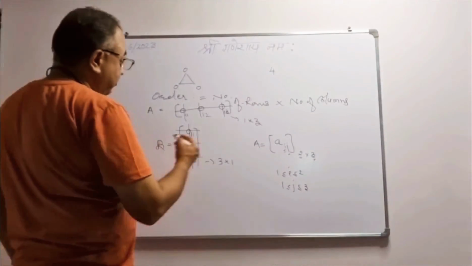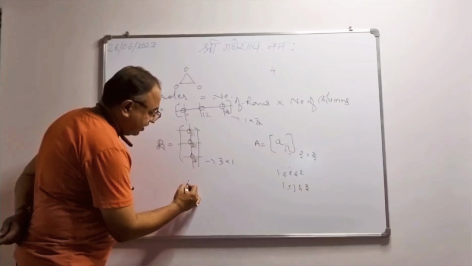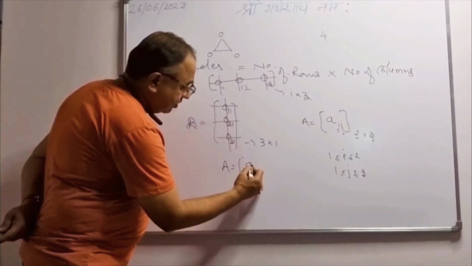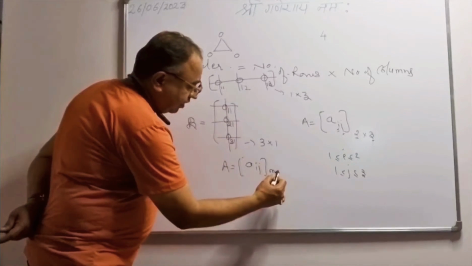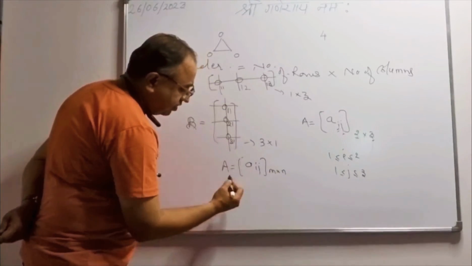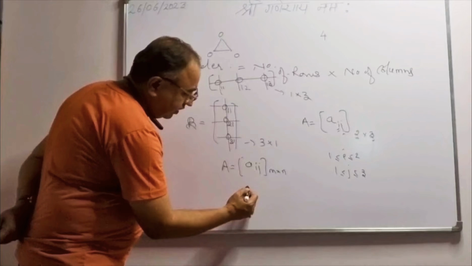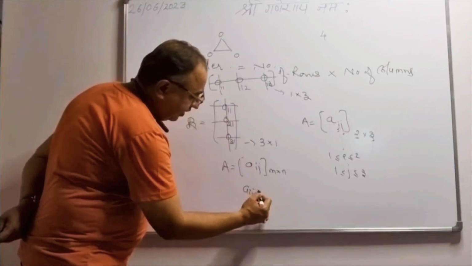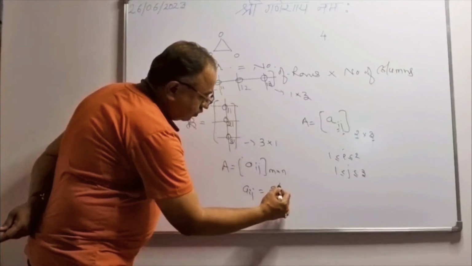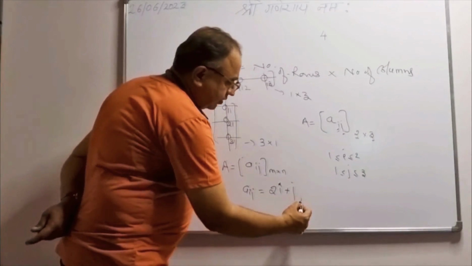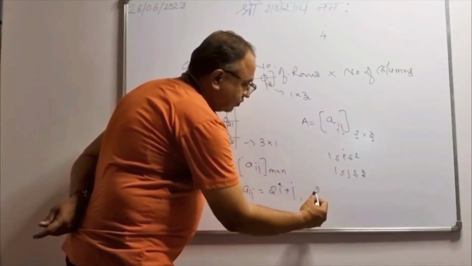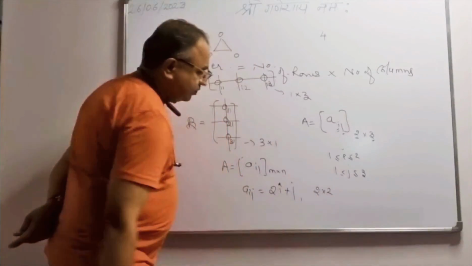So if I ask you to construct a matrix, by definition, I give you matrix A, which is a matrix of a i j, right? This order is m cross n. Now I ask you to construct a matrix whose entry a i j is defined as 2i plus j, and the order should be 2 by 2.